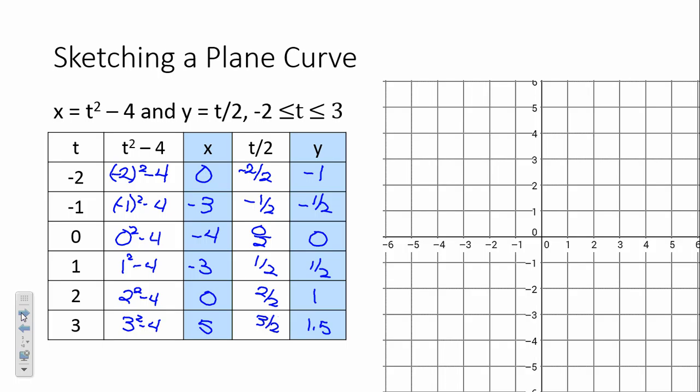Then the next step is going to be to plot the x's and y's. So we're ignoring the t's now. When x is 0, y is -1. When x is -3, y is -1/2.